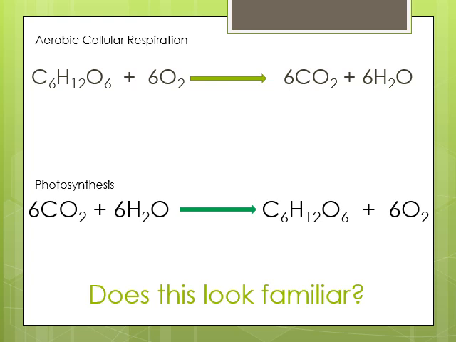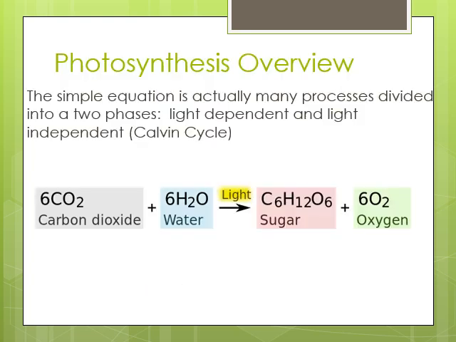So throughout the Earth's history, the relationship between aerobic cellular respiration and photosynthesis has dictated literally whether or not organisms will survive. Photosynthesis is where you use the light from the sun to produce sugar and this waste product, oxygen.